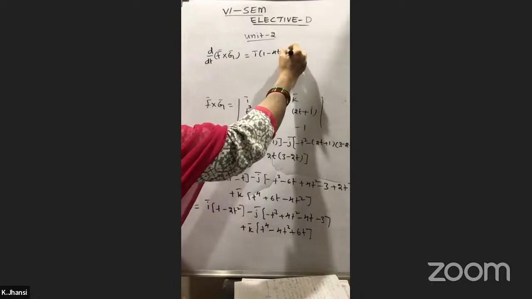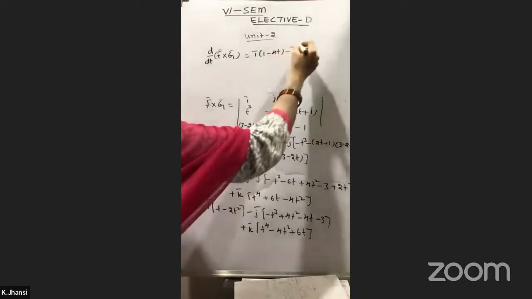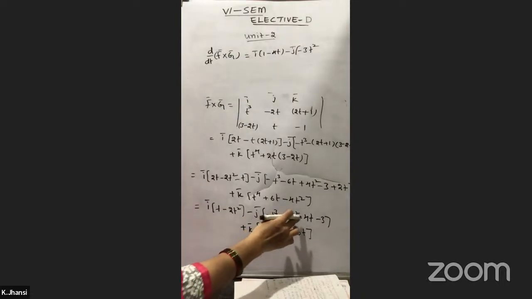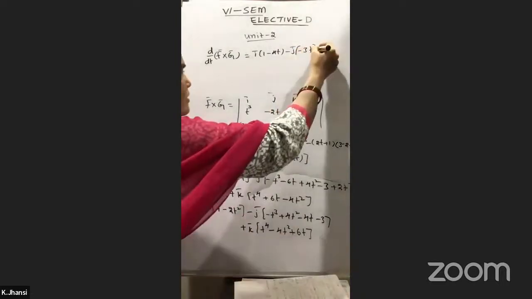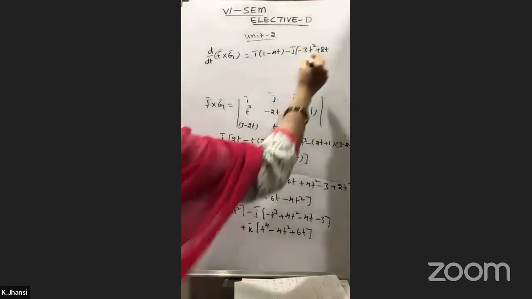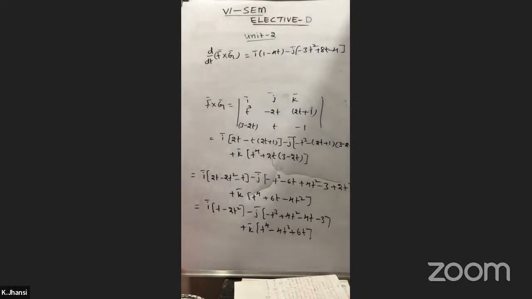Next minus j. t cube differentiation is minus 3t square. Okay. Next this is 4 2s are 8t. Next minus 4 and then constant differentiation is 0. Okay.